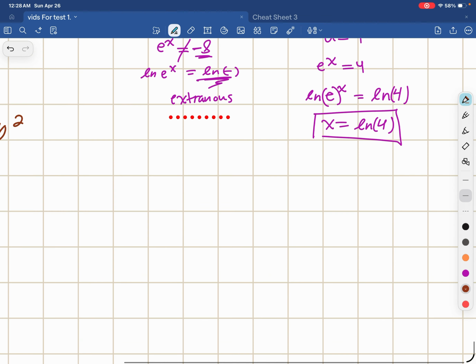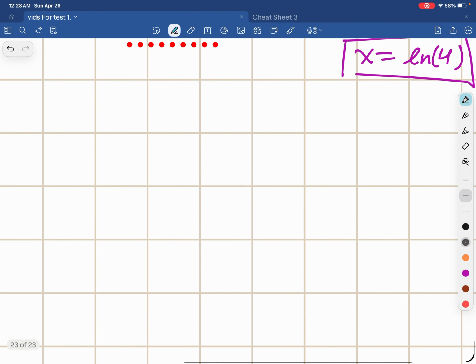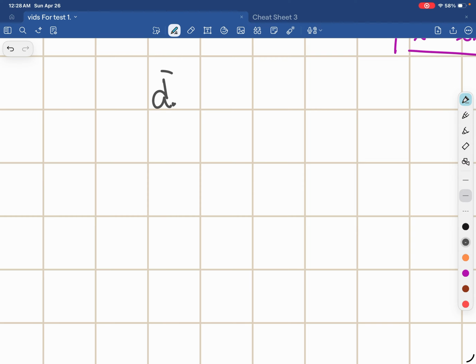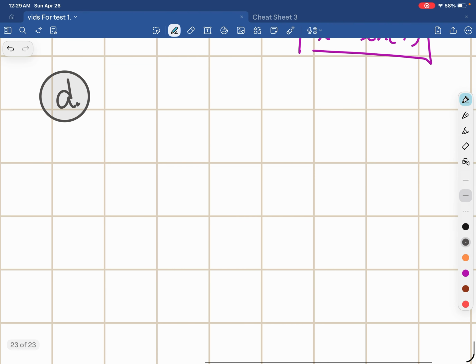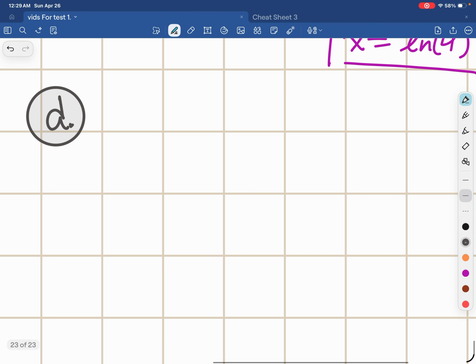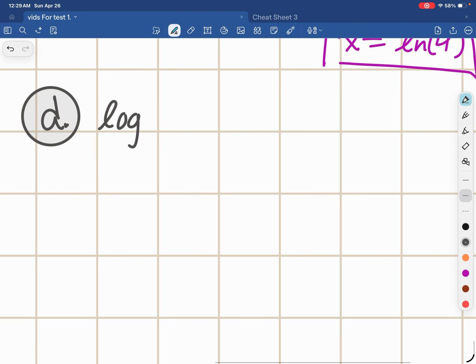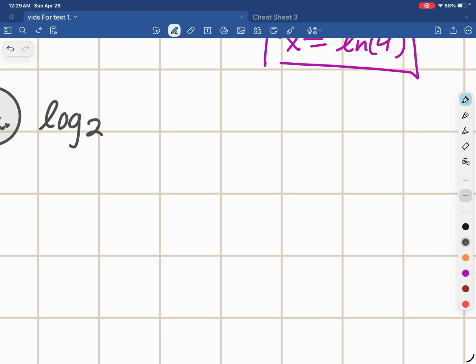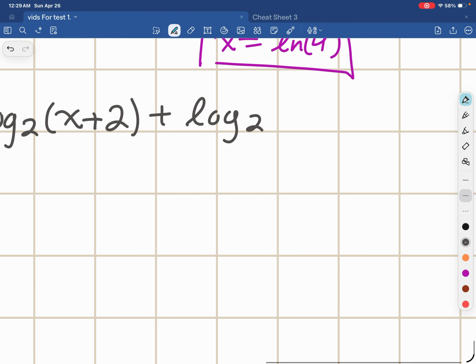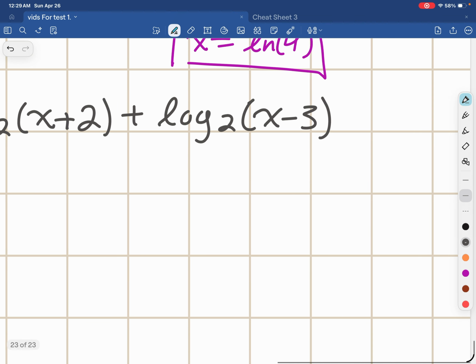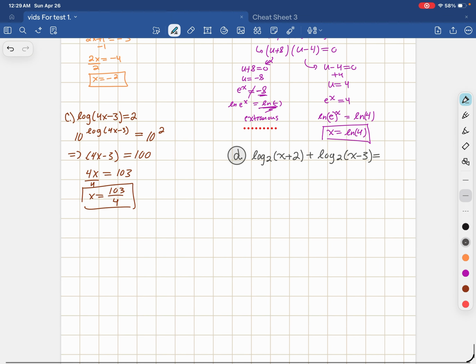Now let's go to our last problem of this video, which will be D. These are relatively simple, so we'll do log base 2 of x plus 2 plus log base 2 of x minus 3 equals, we're gonna move this over a little bit.